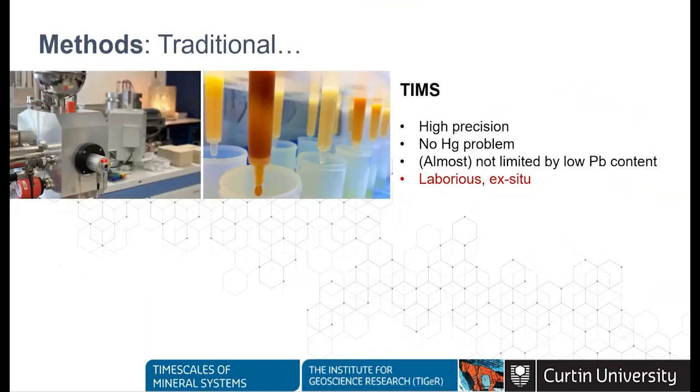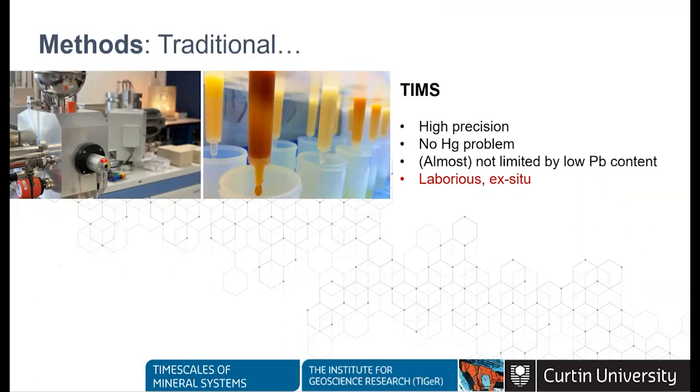One of the most commonly, or at least traditionally, used methods for lead isotope analysis is TIMS, where samples are digested prior to analysis and then put through lead columns, which means that we purify lead from the matrix, so we don't have to worry about any interferences.